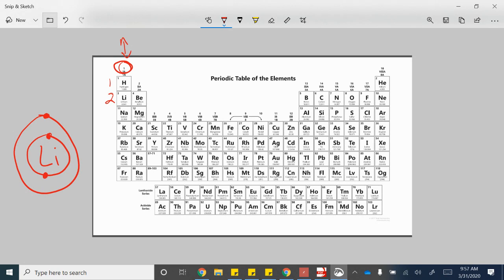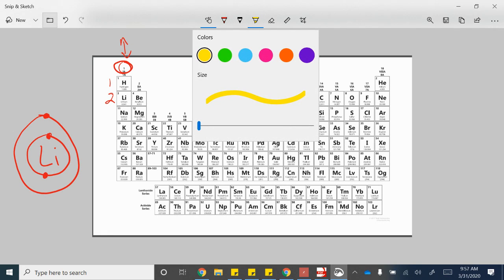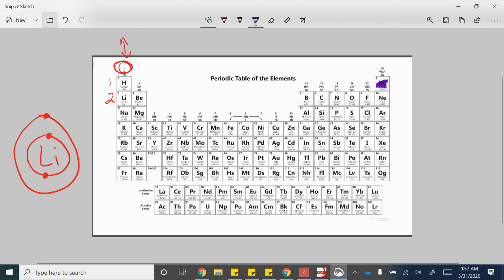Now remember, all of the elements want to look like our noble gases. These guys over here. Look at those beautiful noble gases. They all want to look like the noble gases. So they can either gain electrons to have a full outer shell, or lose electrons to have a full outer shell.